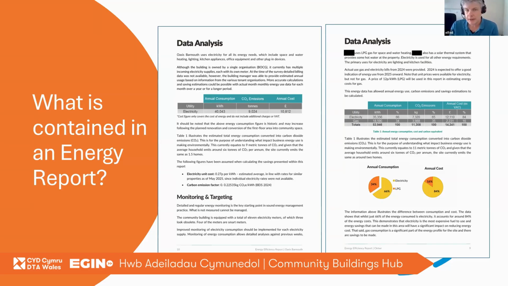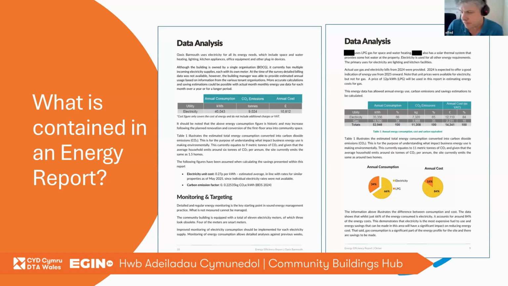between these two reports. So for this particular piece of analysis, what the survey will do is take your bills, total up the amount of kilowatt hours, calculate the carbon emissions and the annual costs of each measure. The one on the left, Barmouth Oasis, is fairly straightforward because they only use electricity, and it just totals up energy, carbon emissions, and cost.